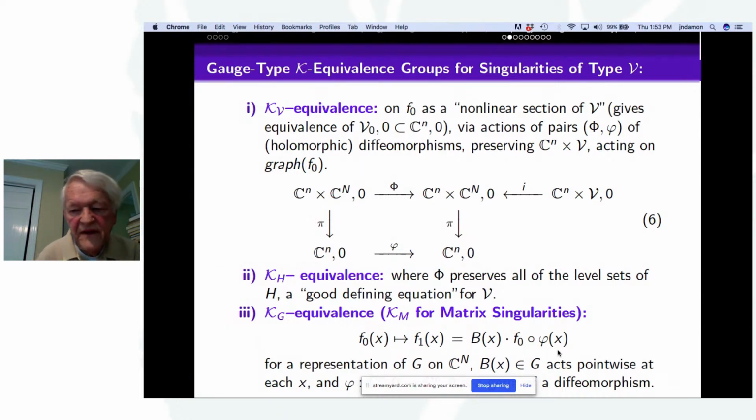And then we compose with little phi again as below. This works for any group G, and this is a type of gauge type equivalence. In the special case for matrix singularities, there are specific G's that act on different spaces of matrices, and I'll reserve K_M for that special case when we get to it.